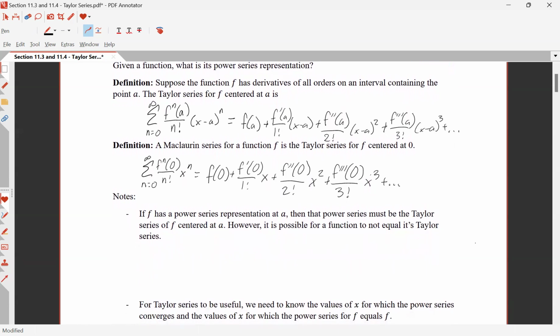A quick example of this would be the function that is the absolute value of x.